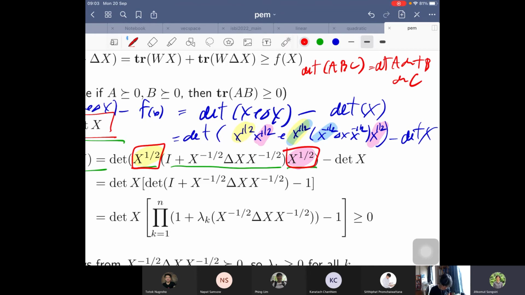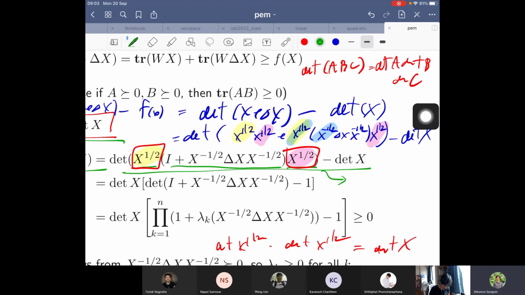What is the determinant of X^(1/2) times the determinant of X^(1/2)? It is equal to the determinant of X. So what we have here is the determinant of X, the determinant of the long messy term, and minus the determinant of X.